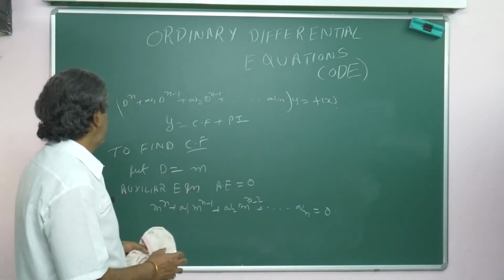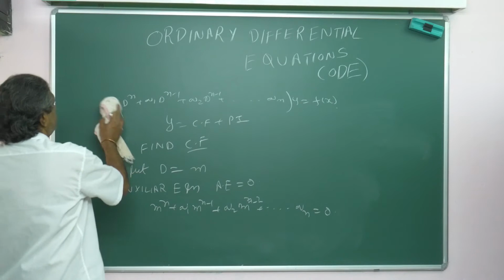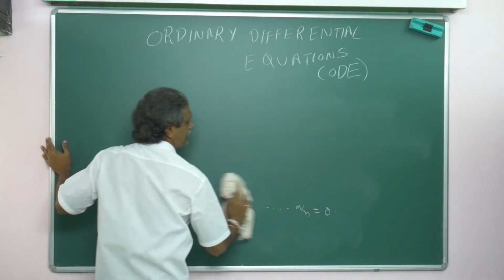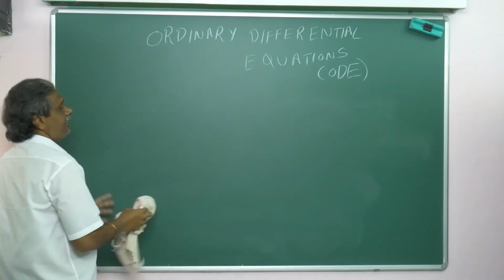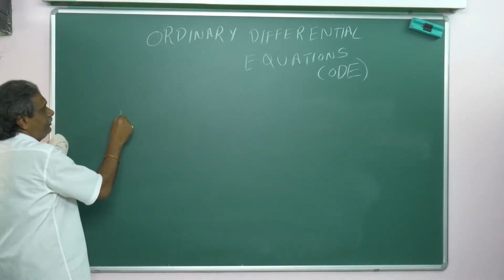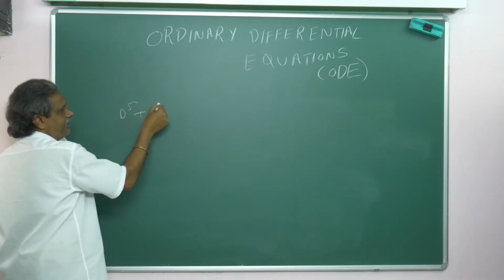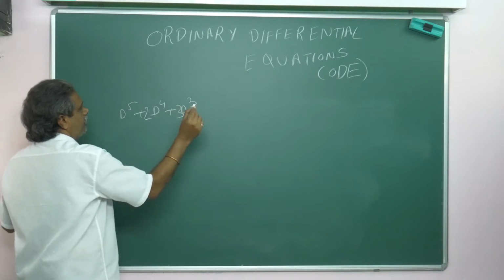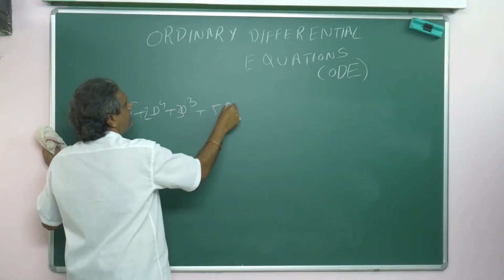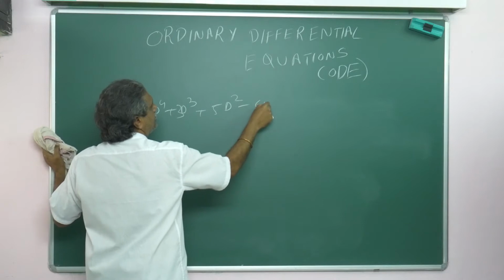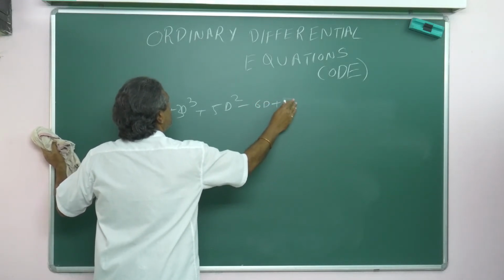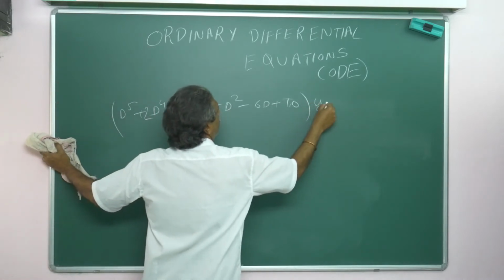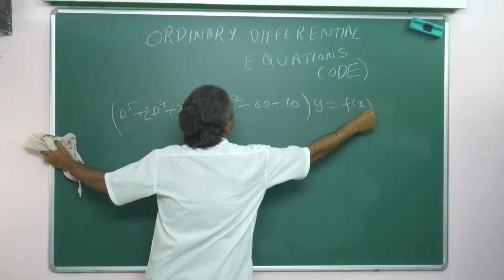Suppose you take a fifth order equation: D to the power 5 plus 2D to the power 4, maybe constants also 2, 3, whatever, then 5D squared minus 6D plus 10, into y is equal to some f of x.